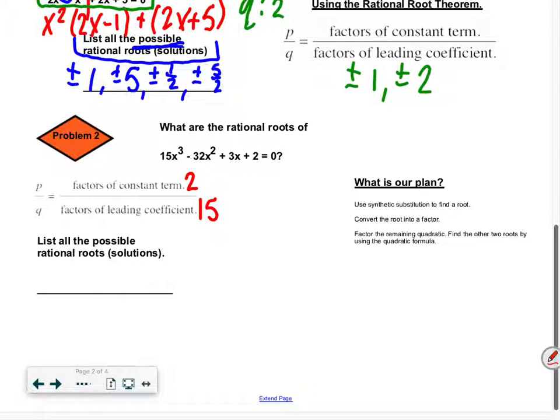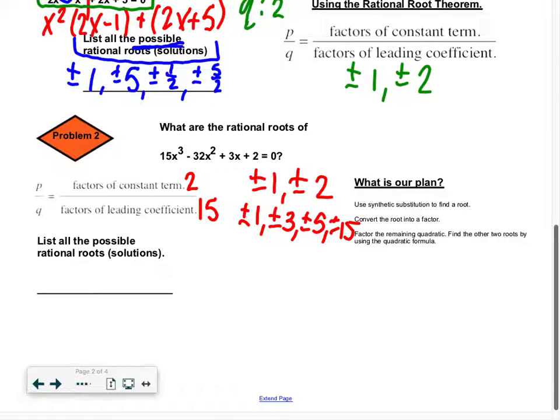What are the factors of 2? 2 and 1. So I got plus or minus 1, plus or minus 2. 15 has a lot more possibilities. 1, 3, 5, 15. Plus or minus 1, plus or minus 3, plus or minus 5, plus or minus 15.